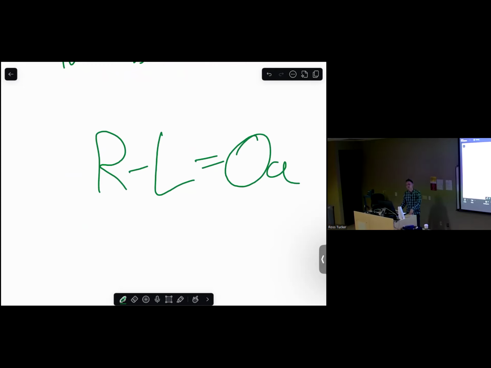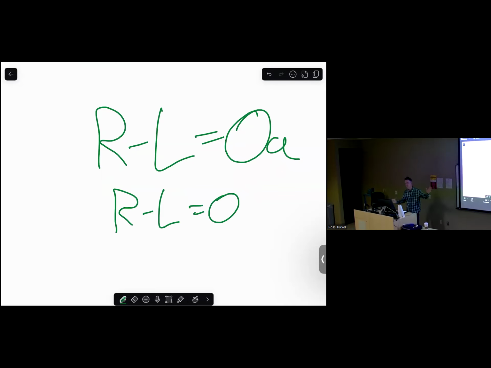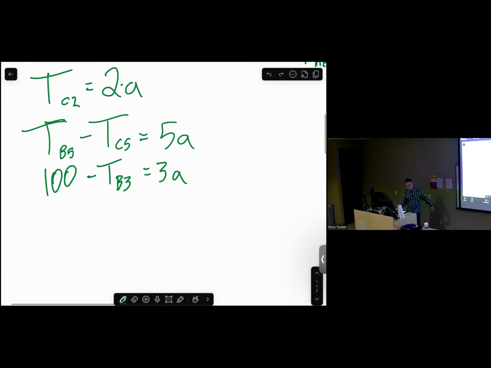What's 0 times anything? If R minus L equals 0, what's bigger, R or L? Neither, R equals L. So assuming that the rope is of ignorable mass, and that it's only being pulled on two ends, you can say that the tension on the left is equal to the tension on the right.